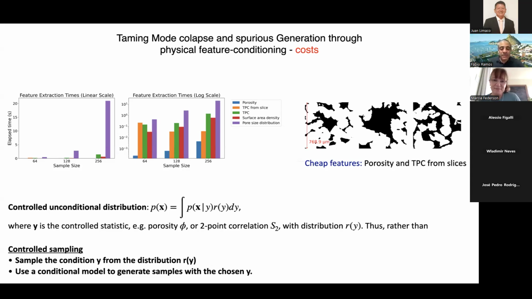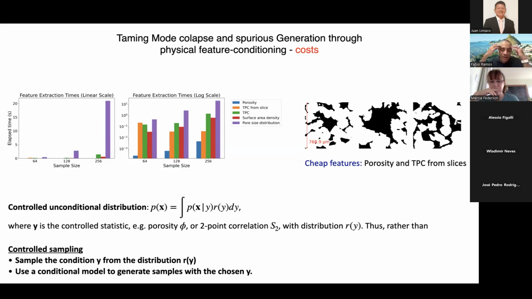And Gibbs sampling somehow is like this, right? Gibbs sampling is like, okay, let's do a Monte Carlo method, but sometimes it's easier to sample from a conditional distribution than from an unconditional one. So what you do is first sample the condition and then sample from the unconditional. This is what people call Gibbs sampling in the Monte Carlo literature. But here we have infinite amounts of conditions because it's a rock. You have S2, porosity, pore size distribution.